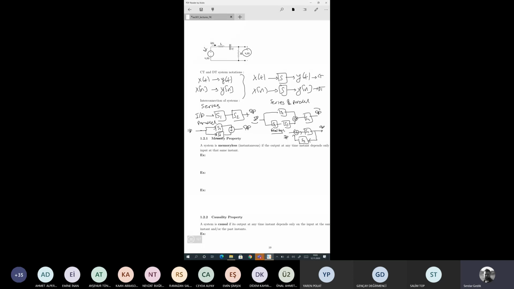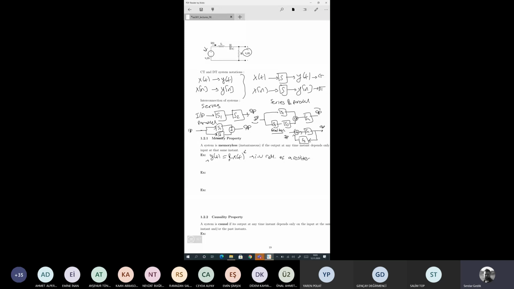So what is it? Let's assume that I have a memoryless system, which is y of t equal to r times x of t. So this is, you know, the IV relationship of a resistor, right? So you have the voltage at the output, and you have the current at the input, and this is your resistance.